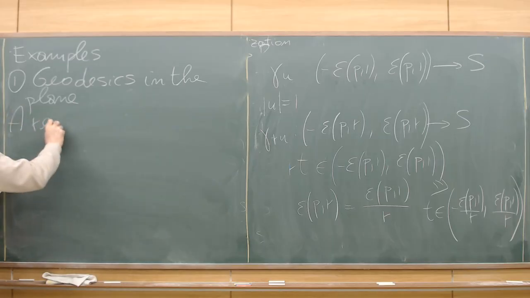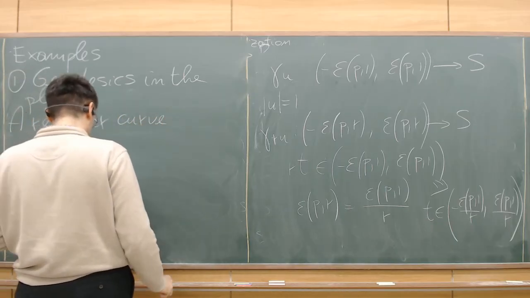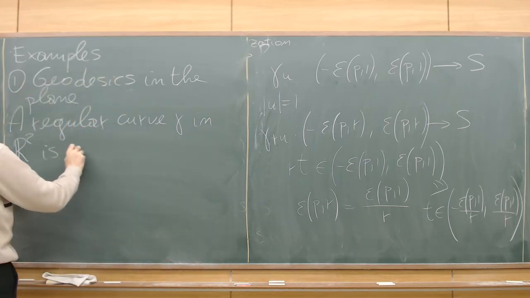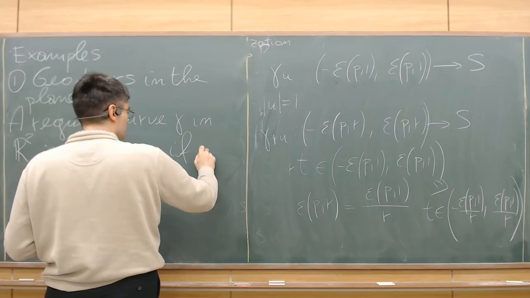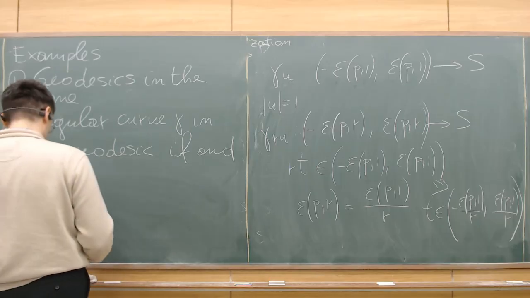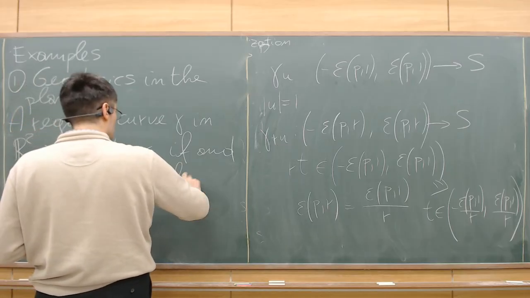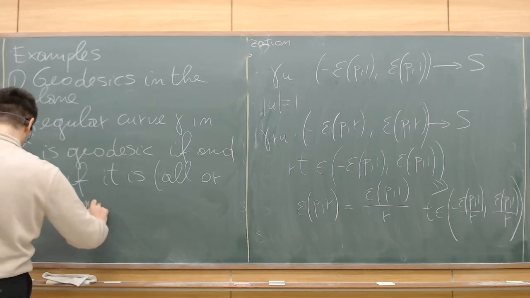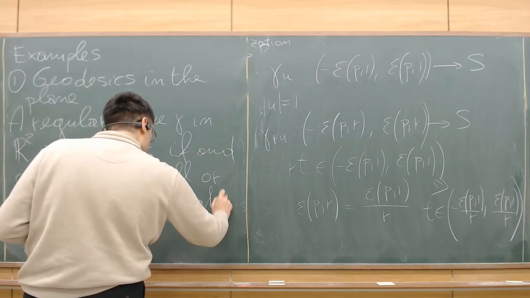A regular curve gamma in R2 is a geodesic if and only if it is all or a portion of a straight line.